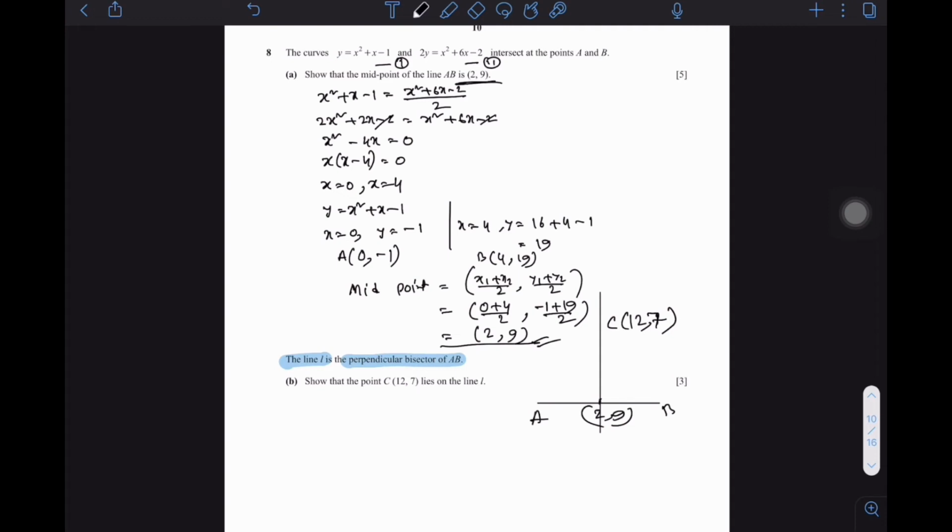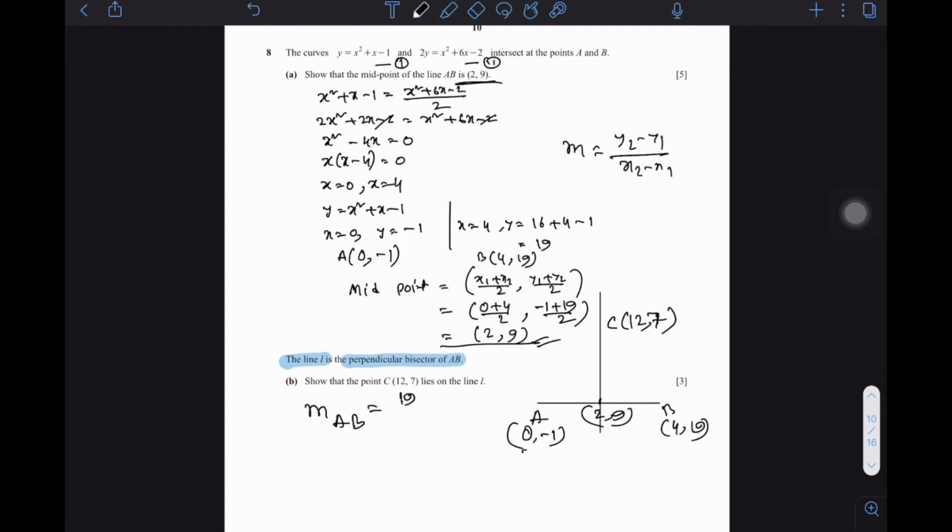We can find the equation of this perpendicular line to AB. That is, A is (0, -1), B is (4, 19). We know the formula for gradient is y2 minus y1 divided by x2 minus x1.